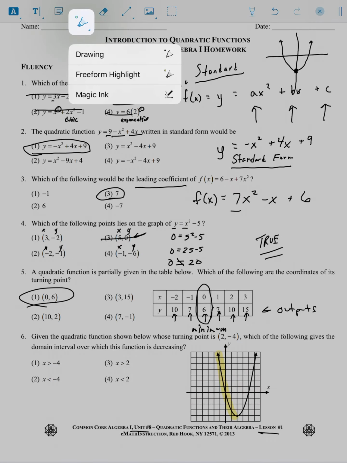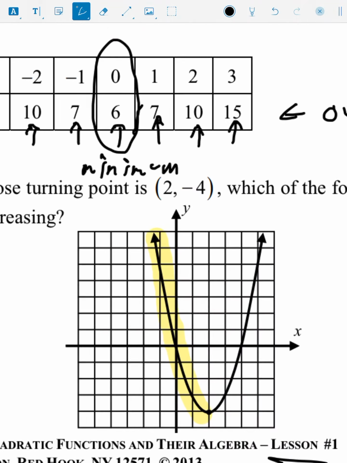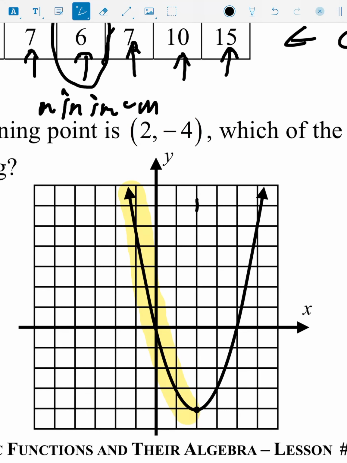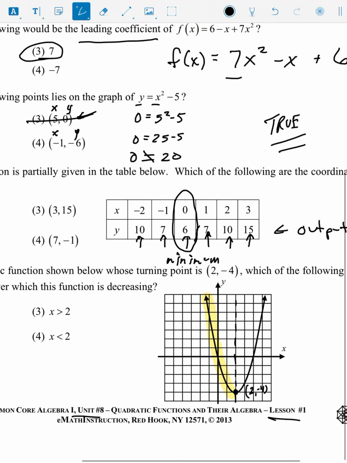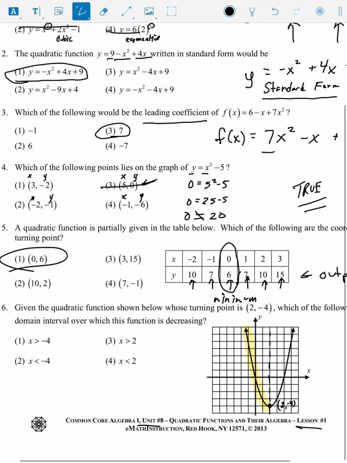Now, if I'm looking at this, my axis of symmetry looks to be along this line, and my turning point looks to be at 2, -4. Now, domain tells us that we're always looking at our x values.